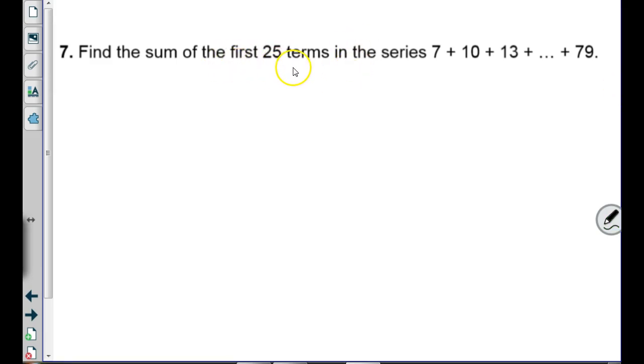Find the sum of the first 25 terms. Well, I am assuming this is the 25th term. What are we adding here? Wait a minute, but the sequence itself was adding 3. So if we added 3 24 times, that would be 72 plus 7 is 79. Yeah. So this is the 25th term, and this is the first term. So this is one of those super easy ones.